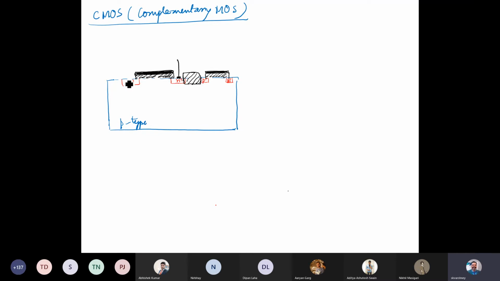Metal. So this is your drain, gate, source, and on this side is again some kind of polycrystalline or dielectric.